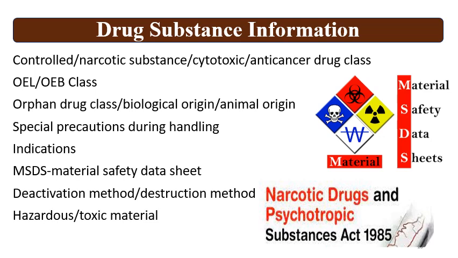So a deactivation method should be in place for these molecules. Then whether the API is a hazardous or toxic material, that is to be understood, and as per that the safety measures are required to be taken. Also training is required to be given to the people who are going to work with these types of drug substances.